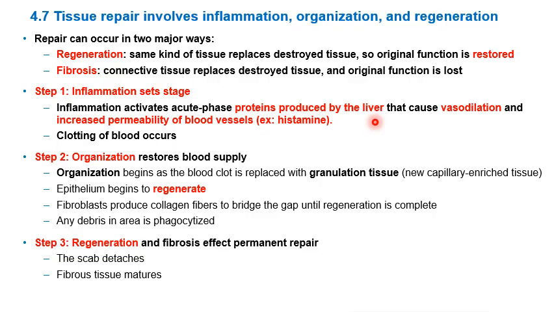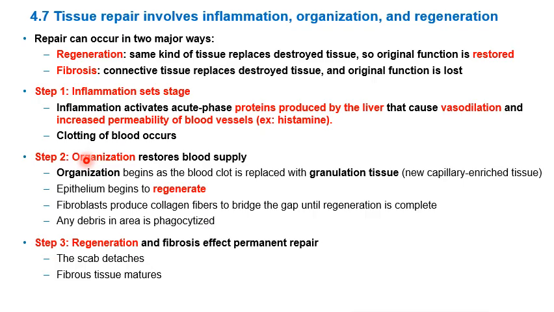Also, cells of the immune system, like I mentioned before, are going to get there and start to produce these pro-inflammatory proteins. A main one is histamine, like I mentioned before. It comes through the blood, gets in there, and starts this inflammatory reaction.